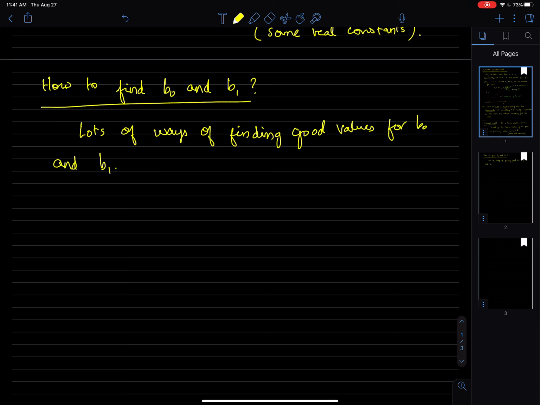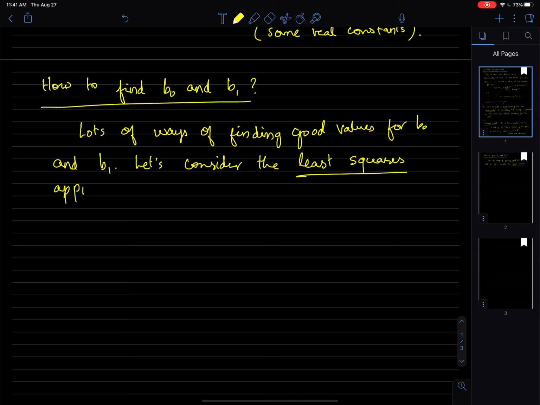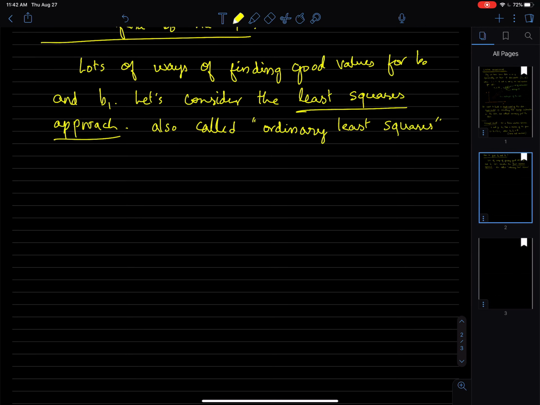But we will first consider something called the least squares technique, or the least squares approach, sometimes also called ordinary least squares. It's called a variety of different things, but let's at least mention these two names for the approach.